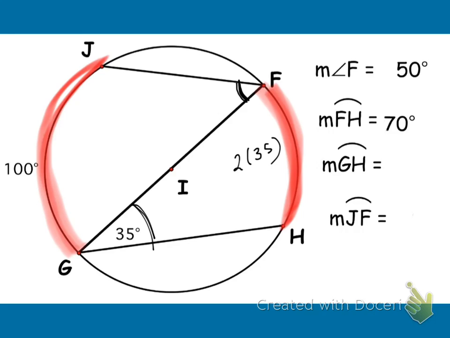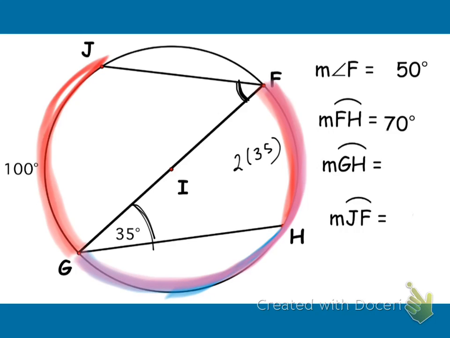Now, what about arc GH? I challenge you to pause the video for a second and try to figure out what GH is. One of the things that's challenging about this is that there is no inscribed angle to take half of or multiply by 2 in order to find GH. There's also no central angle to help us. But if you look closely, this measure right here is equal to what?